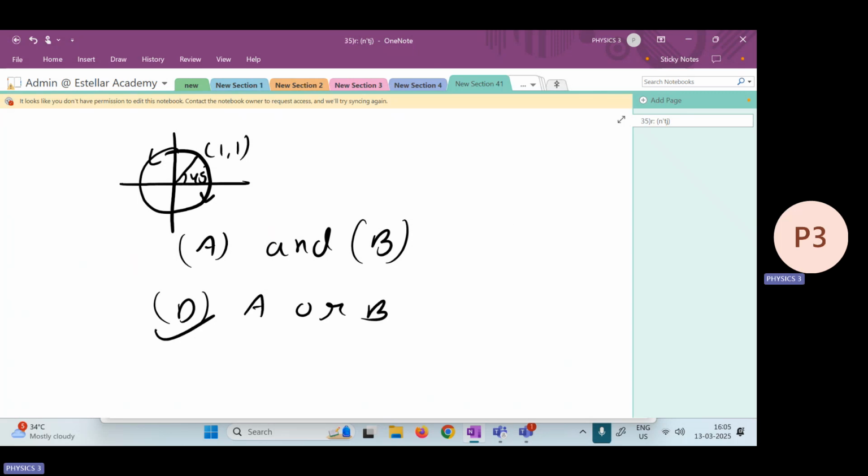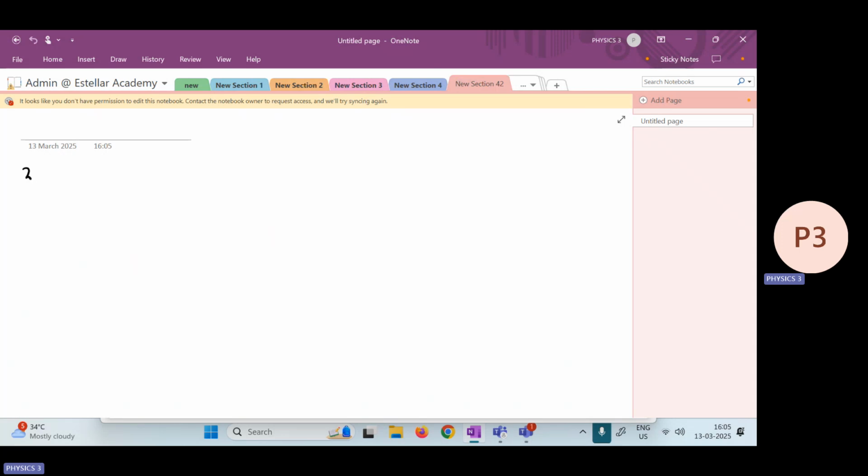Now let's go for the next question, which is the 36th. We are given, consider the two statements related to circular motion in usual notations. Statement A says that in uniform circular motion, omega vector, v vector, and a vector are always mutually perpendicular.